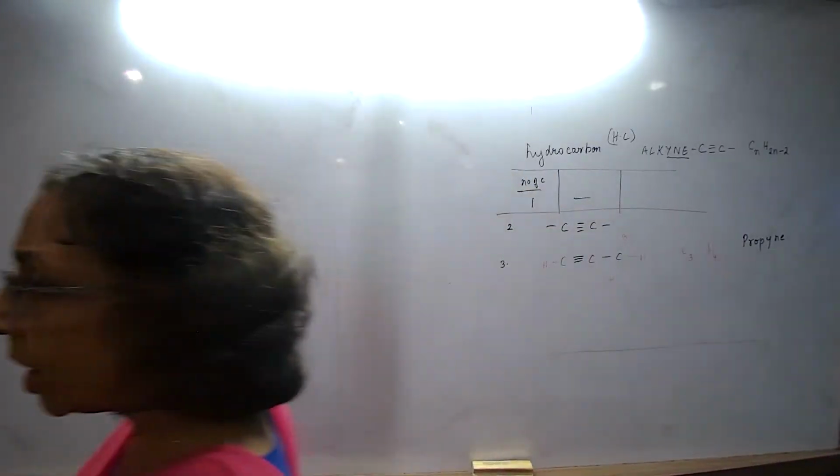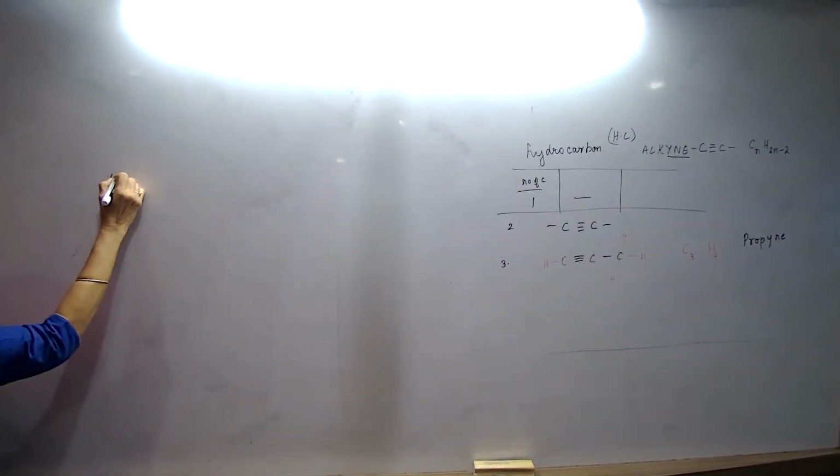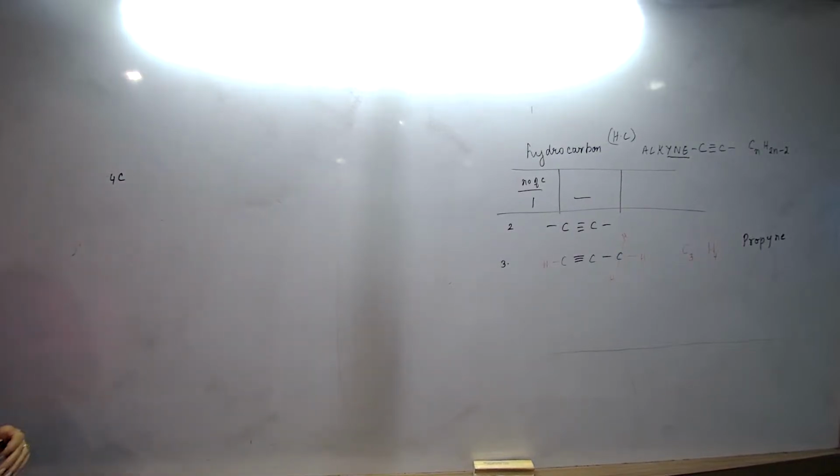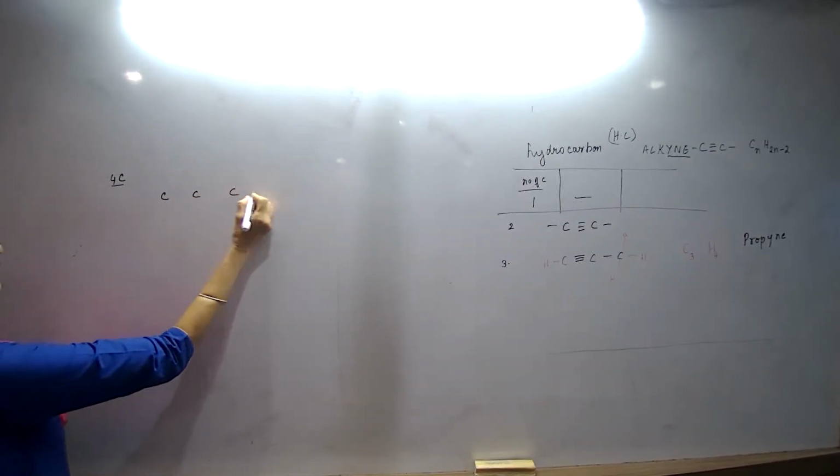Did you understand? How will you write prop? And yne. Now I'll write the four carbon here. If there are four carbon, we start writing like this. Okay. So there are two methods of drawing it. I'll show you both the methods.